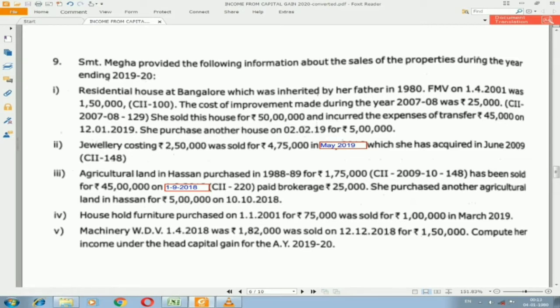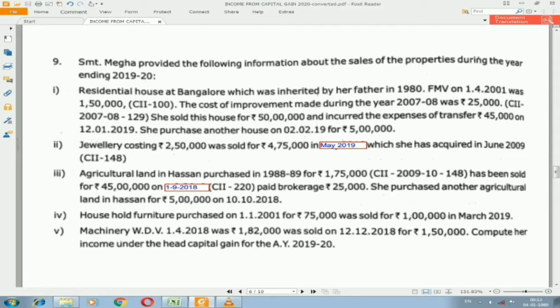The second asset is jewellery costing rupees 2,50,000, sold for rupees 4,75,000 in May 2019, which she had acquired in June 2009. For that, index number is 148. The third asset is agricultural land in Hassan, purchased in 1988-89 for rupees 1,75,000.